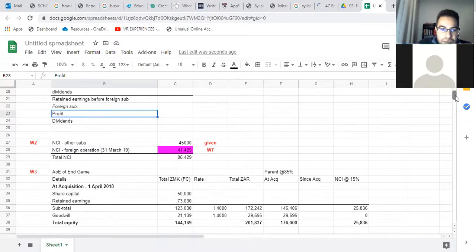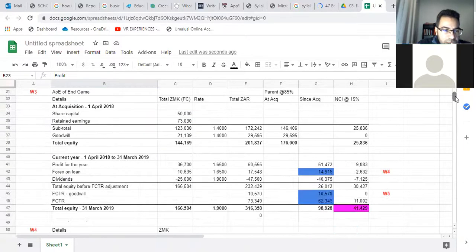So this forex on the loan, this 10,000, which ultimately came to 14,916, could either be included in profit or loss or OCI. In this scenario, it is not included in profit or loss because the loan is not considered to be a normal loan. If the loan was considered to be a normal loan, this amount would be included in profit or loss.